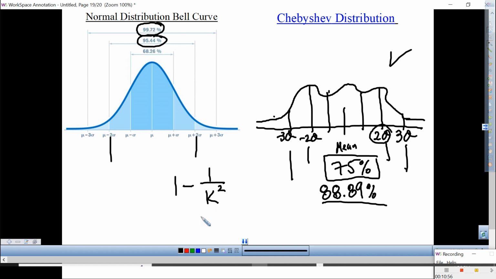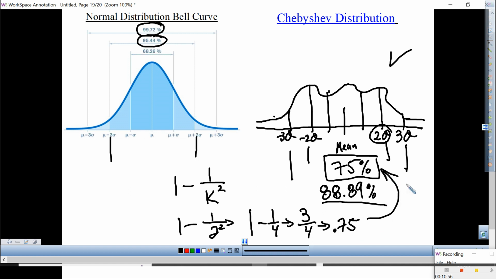So if I substitute 2 for k, I get 1 over 2 squared. What is 2 squared? 1 minus 1/4. So what is 1 minus 1/4? 3/4. That's in decimal what? 0.75. And how much is that in percent? Times 100. That's how he came up with that number.